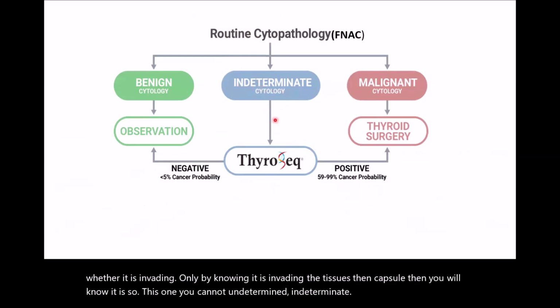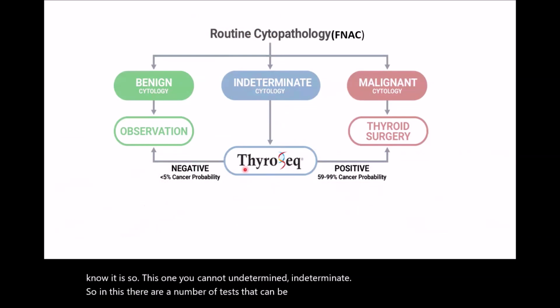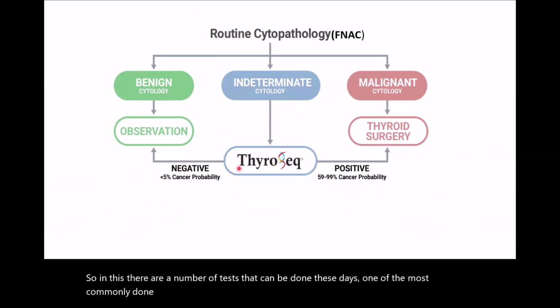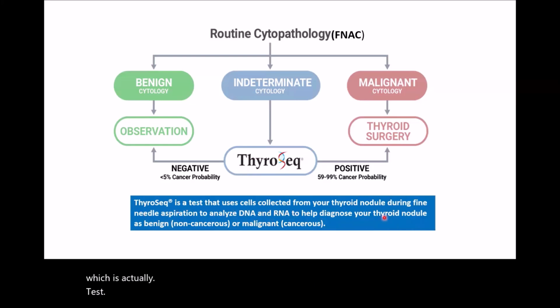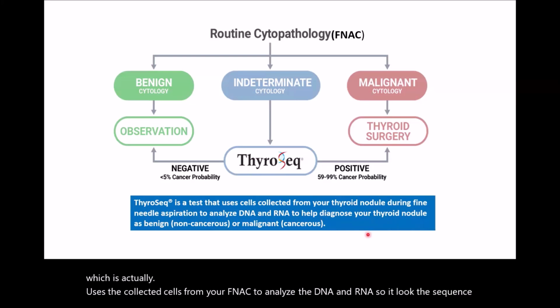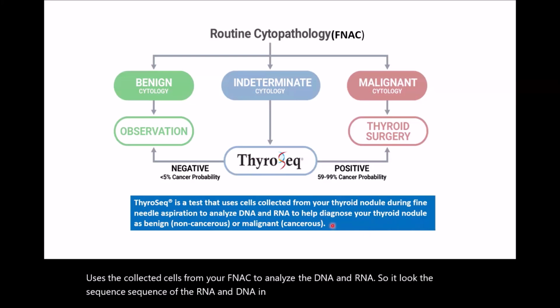In this group, there are a number of tests that can be done these days. One of the most commonly done is genetic sequencing, known as thyroid sequencing, which is a test that uses the cells collected from your FNAC to analyze the DNA and RNA. You look at the sequence of the RNA and DNA in the cells, and that will decide whether it's benign or malignant.